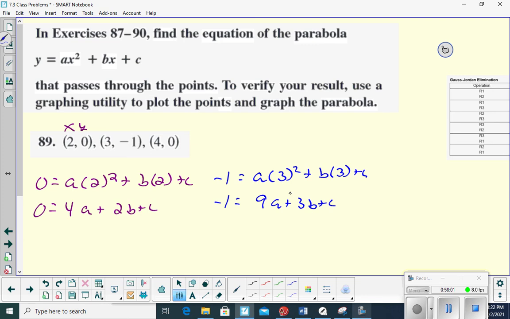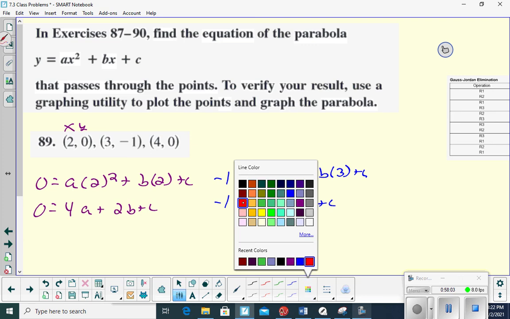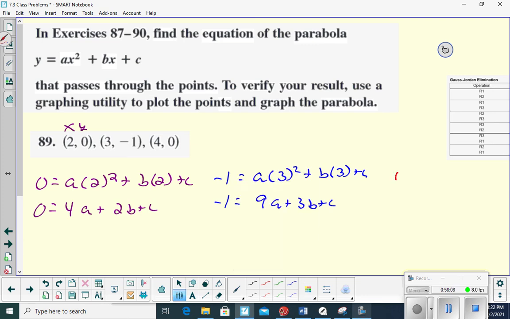And the last one, I'm going to have 0, that's my y, is equal to a times 4 squared plus b times 4 plus c. So this is 0 is equal to 16a plus 4b plus c. And it doesn't matter the order that I write them in.